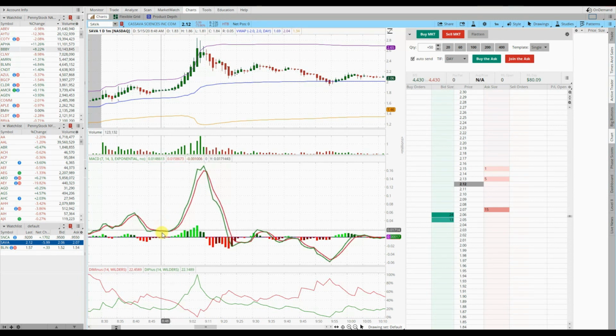This is actually my master entry signal. Once I am in the trade, then I forget about this and I go to this to have peace of mind that my stock is still going up. And then once I see this cross right here, this is when I get out.